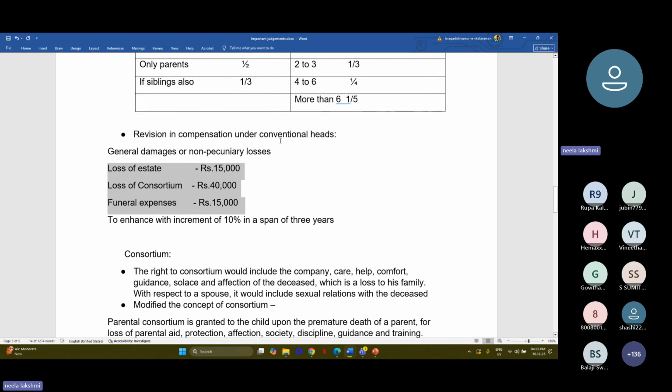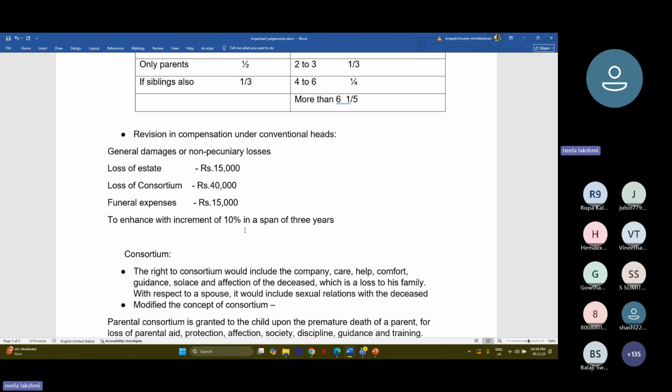Loss of estate is a fixed compensation. For loss of estate, 15,000. Loss of consortium, 40,000. Funeral expenses, 15,000. To be enhanced with an increment of 10% in a span of every 3 years. Every 3 years, it will get 10% extra towards this head. But this is a fixed compensation.